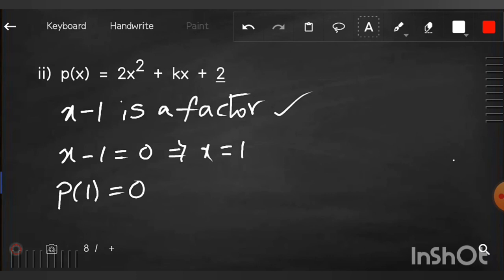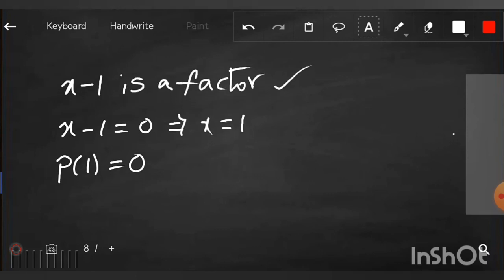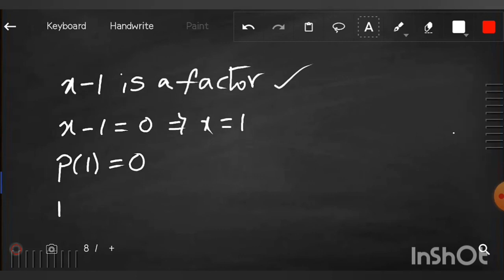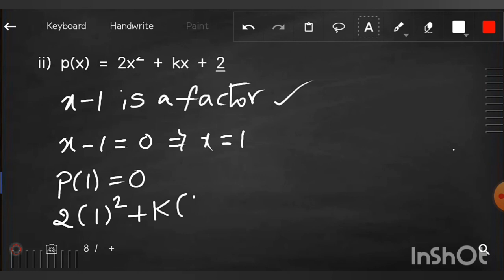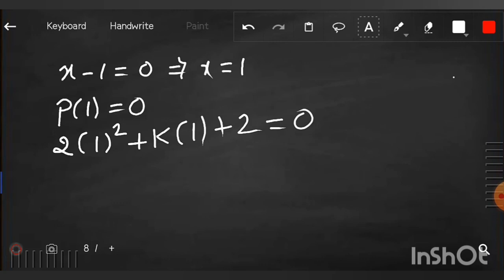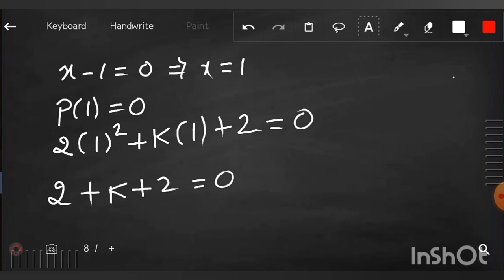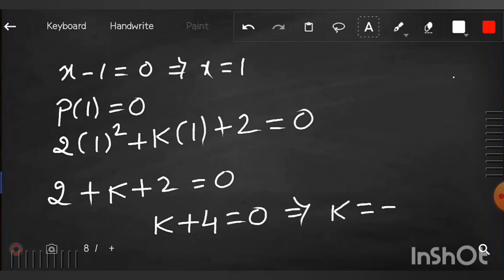So 2 into 1 square plus k into 1 plus 2 equal to 0. 2 into 1 square is 2 plus k into 1 is k plus 2 equal to 0. k plus 4 equal to 0. That indicates k equal to minus 4. So the unknown variable k equal to minus 4.